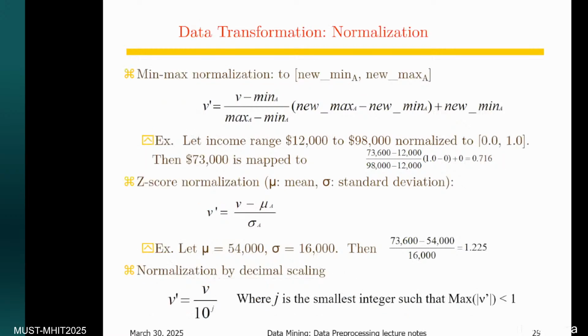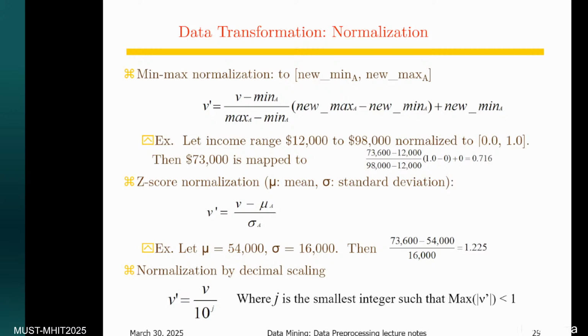Some of the formulas that we can use are for min-max normalization. The z-score normalization requires you to get the mean and standard deviation given the attribute values, and then the new attribute values are calculated using that particular formula, and that formula enables you to scale.